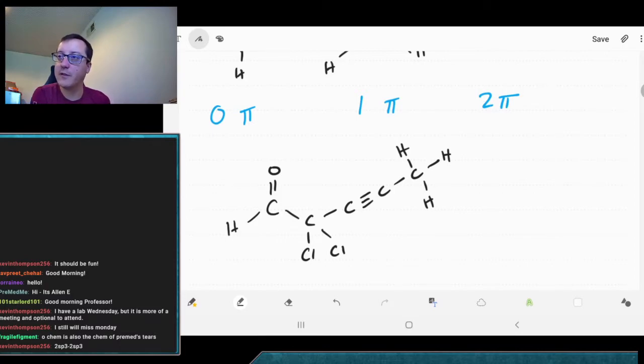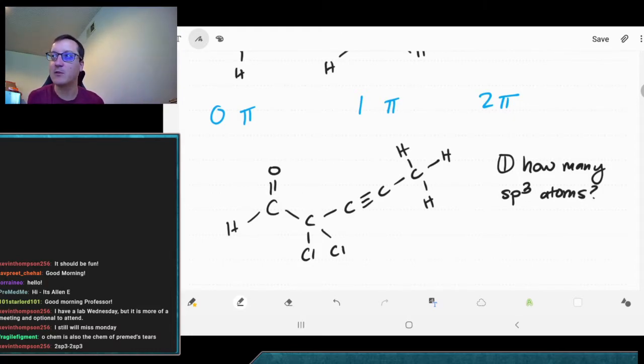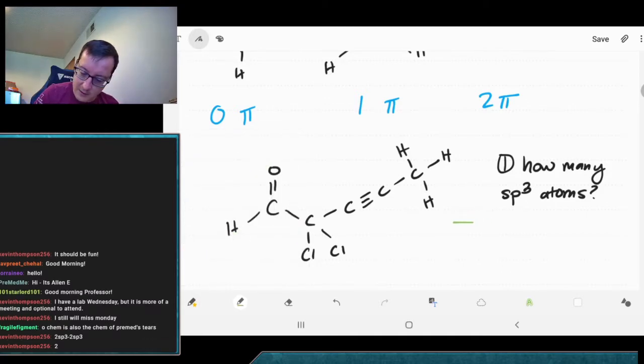If I were to just give this to us and say, question 1 here, how many sp3 hybridized atoms do we have here? If we want to think of that, we're looking at anything that's not a hydrogen that has no pi bonds. So that's what that question is asking. So something that's not a hydrogen and no pi bonds.